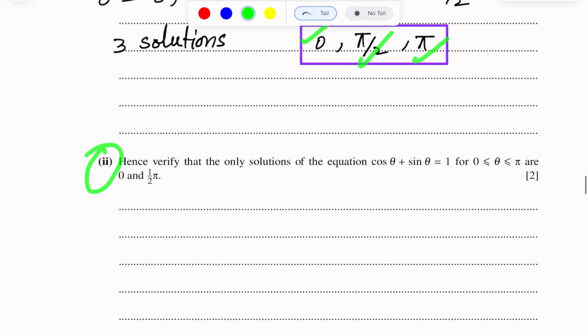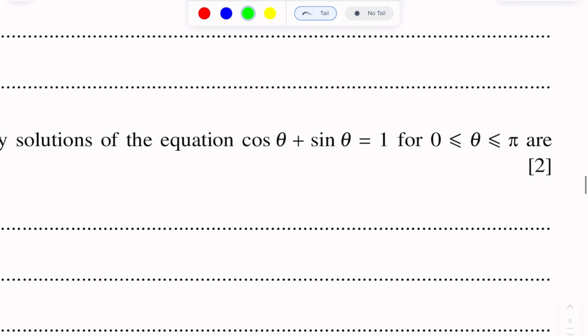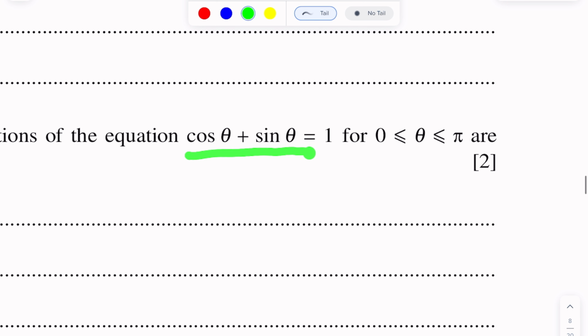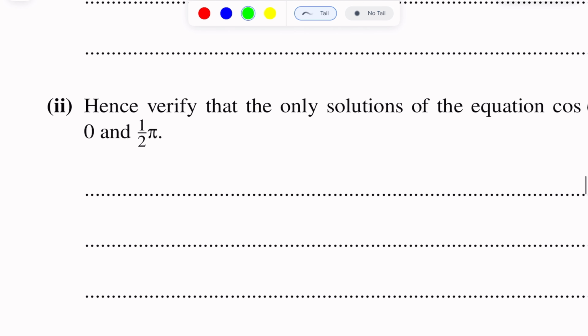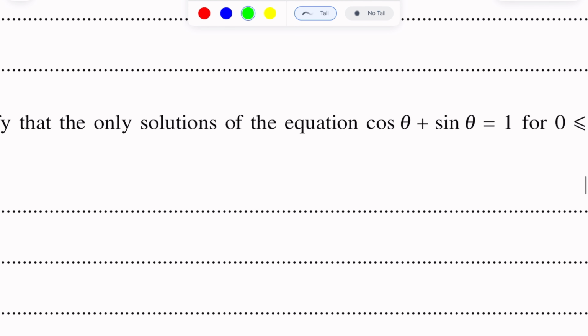Now part second of this question is, hence verify that the only solutions of the equation cos theta plus sin theta is equal to 1 for this interval 0 to pi are 0 and pi by 2.